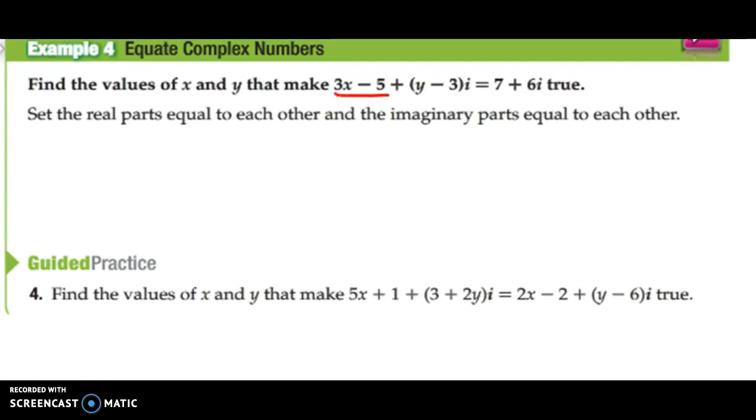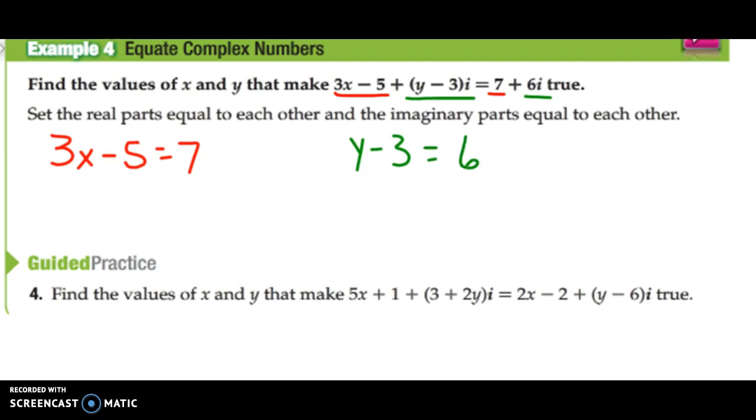Since 3x minus 5 has to be our 7, our real number, I'm going to set that up right here. 3x minus 5 equals 7. And then we take the other half, which is y minus 3i, and that has to be equal to 6. So we'll just say y minus 3 is equal to 6. And don't worry about the i's because they're both going to have an i.